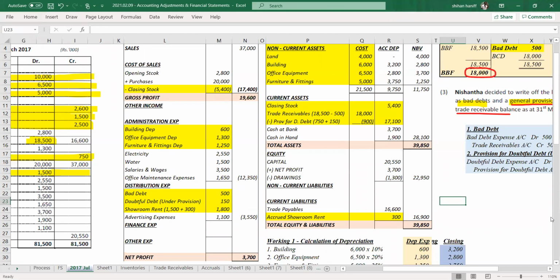And I can explain the entries one by one. Is it clear?